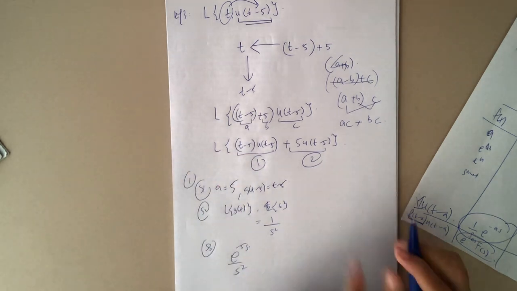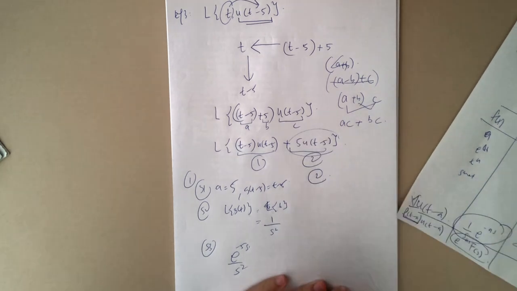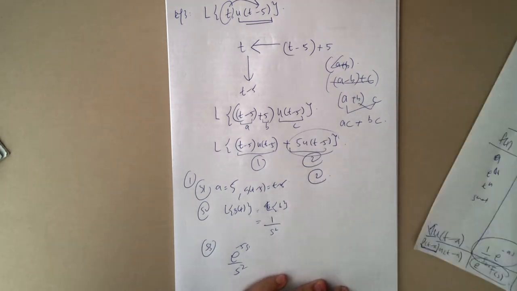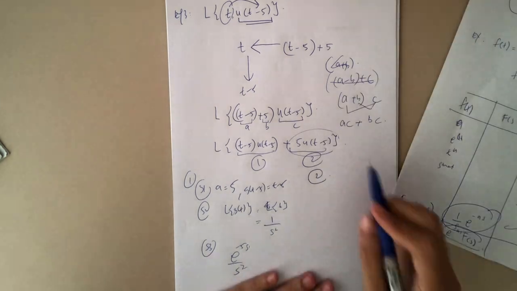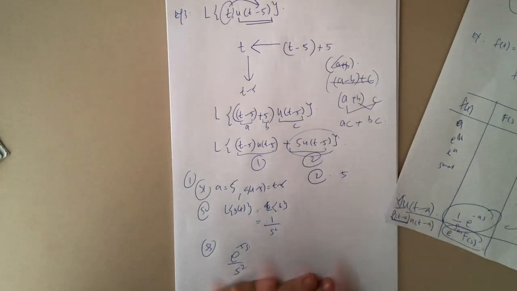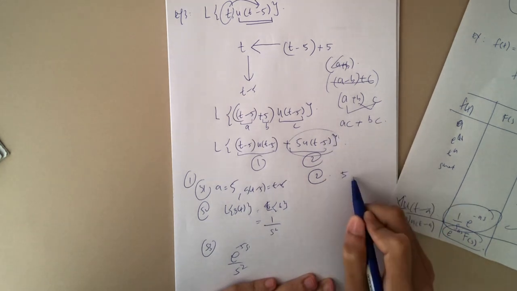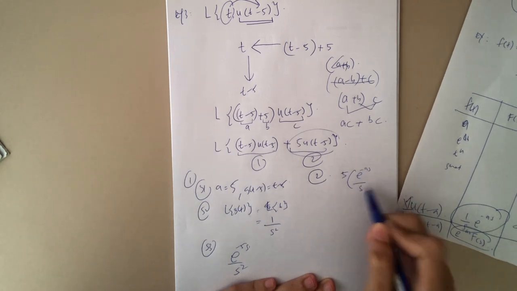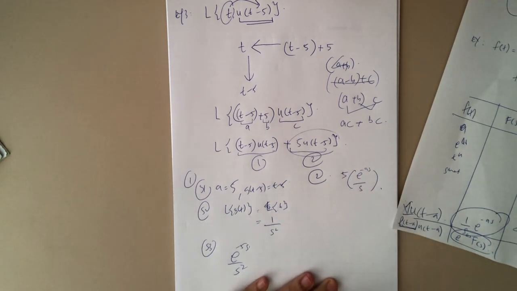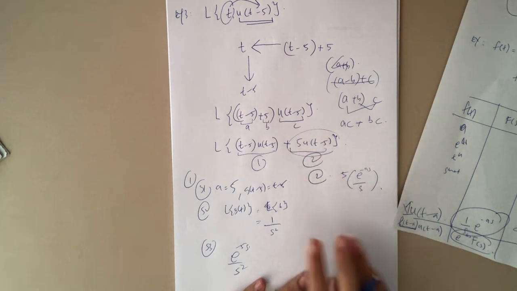The second one, just use the table directly. There are no steps, just directly from the table. So the second one is 5, and 5 is still there. And the Laplace transform of u(t minus 5) is e to the negative 5s over s. 5 is a constant, so you need to bring it here.